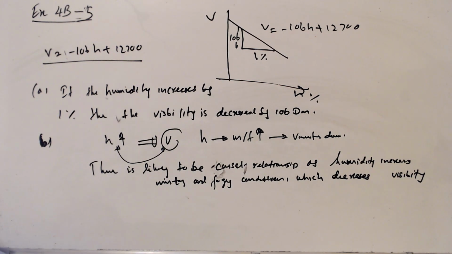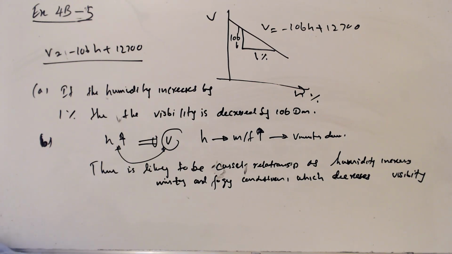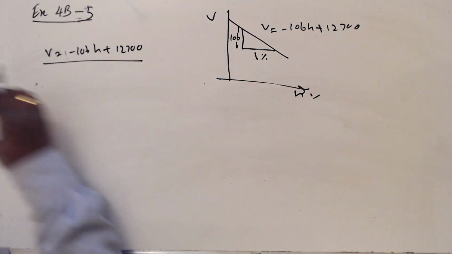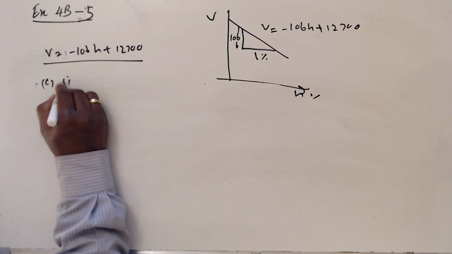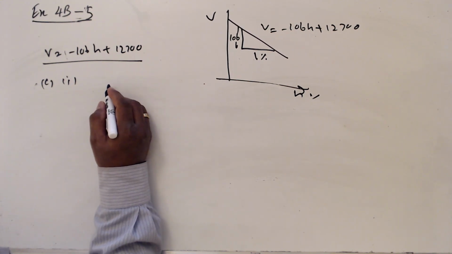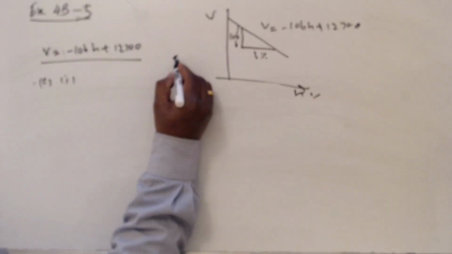Part C. Give a reason why it would not be reliable to use the regression equation to predict visibility at 100% humidity, and humidity when visibility is 3000 decameters. Part C number 1. We can see in the graph the data set's maximum humidity is 98.